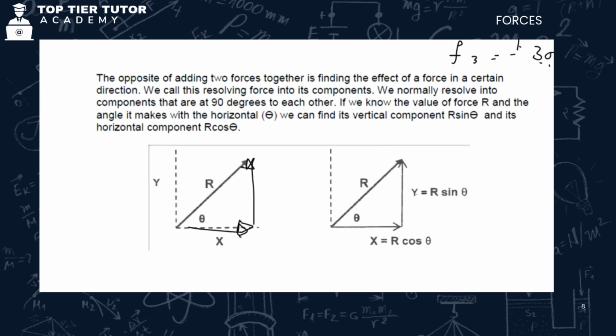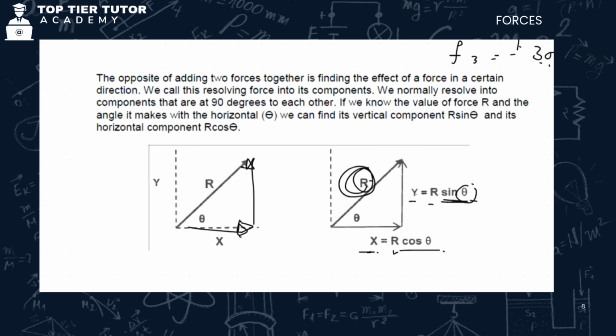Therefore, the y would be r, meaning the value of r, our hypotenuse, multiplied by sine of our angle, and then our x here is going to be r cos of the angle.